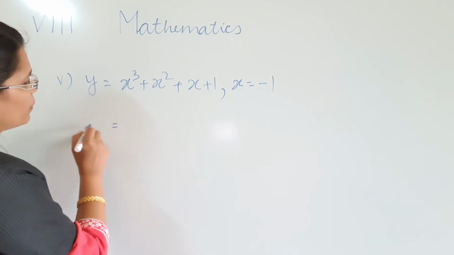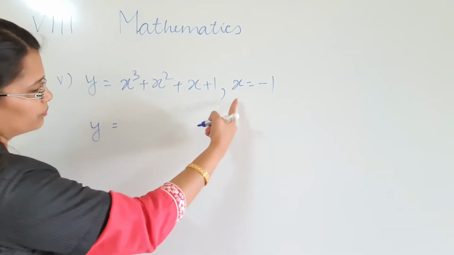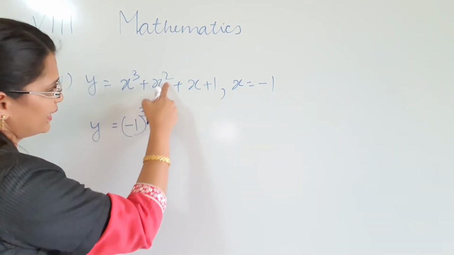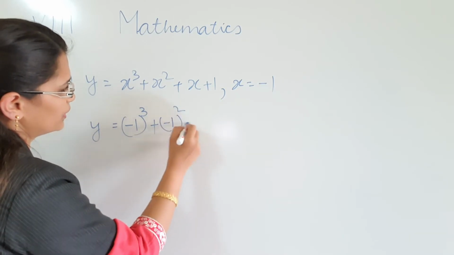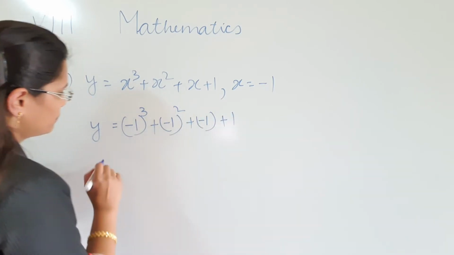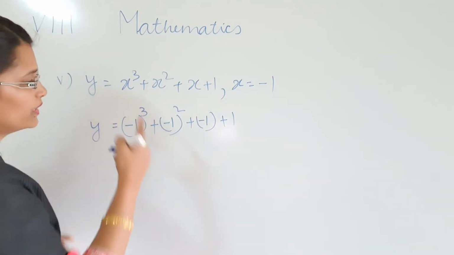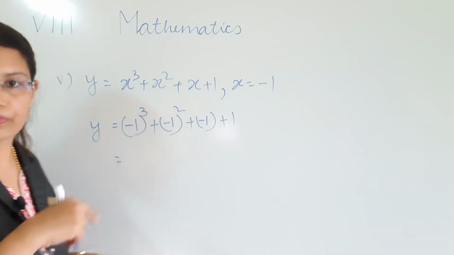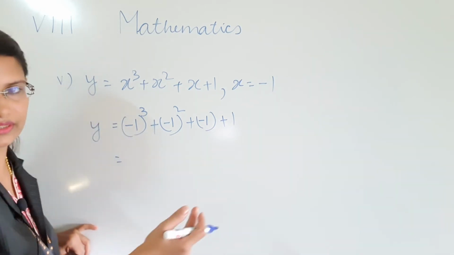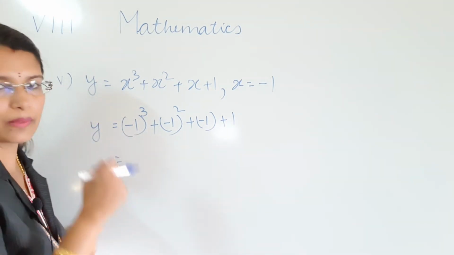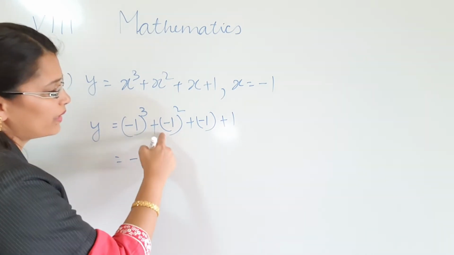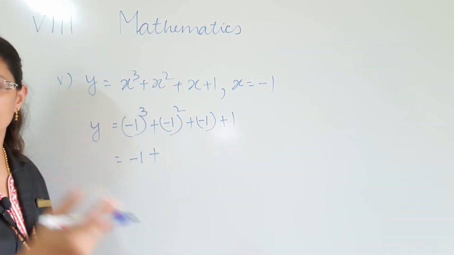So, y is equal to x cube, x is equal to minus 1 whole cube, plus x square, minus 1 whole square, plus x is equal to minus 1, plus 1. Minus 1 whole cube, you have already learned in the previous question that it is minus 1, right? Minus 1 into minus 1 into minus 1, 3 negatives means minus.